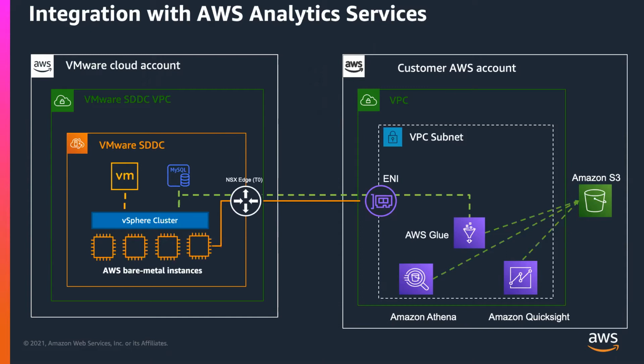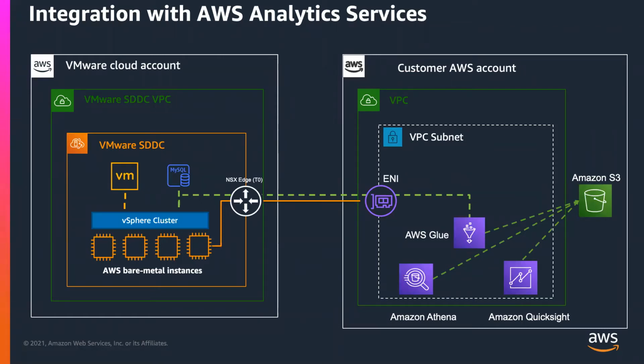Once this is instantiated, this service creates a connection to the native AWS services using an ENI. People from the AWS background know what an elastic network interface is.